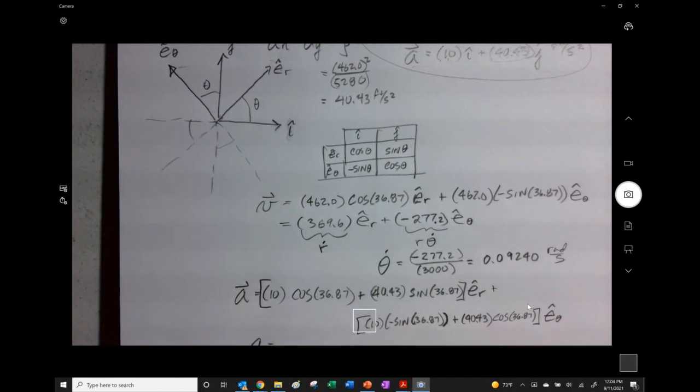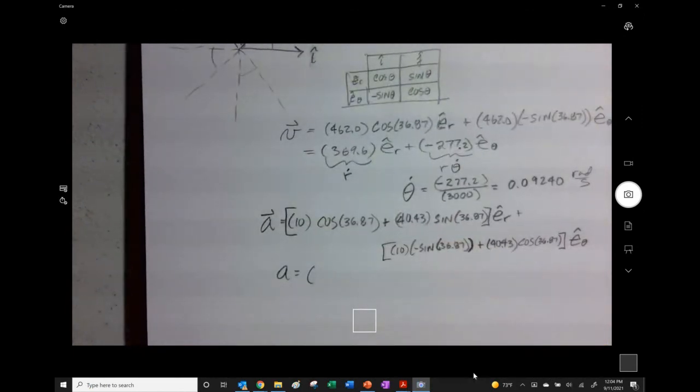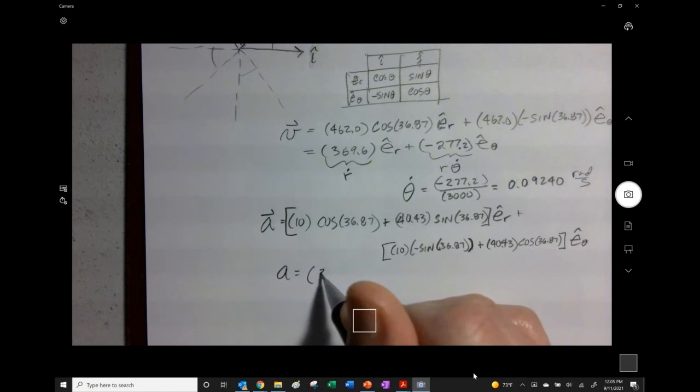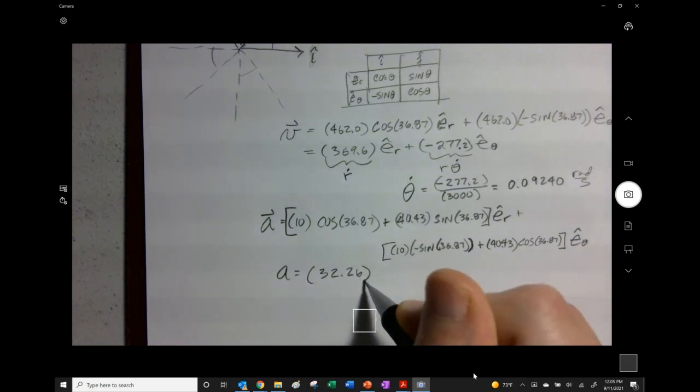So we end up getting 10 times cosine 36.87, but I know that should be 0.8, so that's just going to be 8. And then 40.43 and sine 36.87 times, and we're going to add them together. So 32.26. 32.26, did I get the same thing? Yeah.